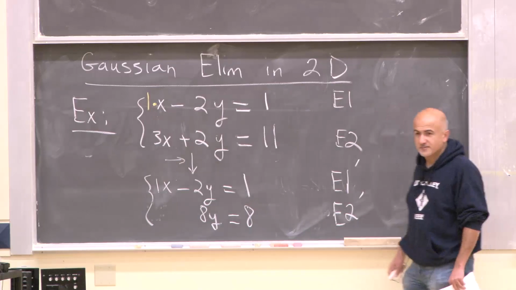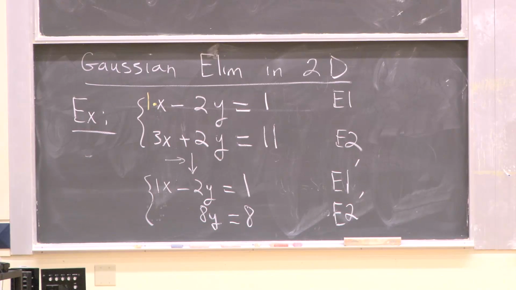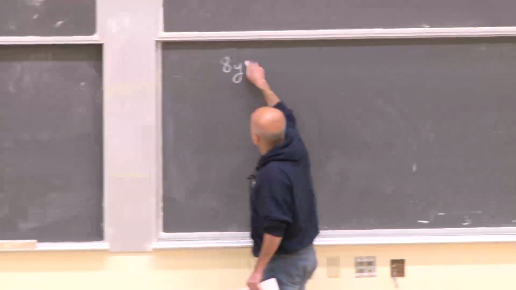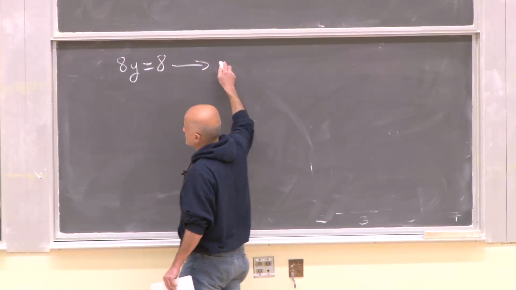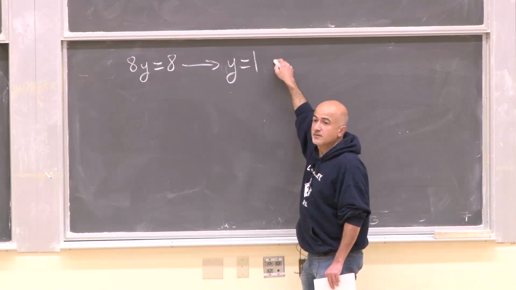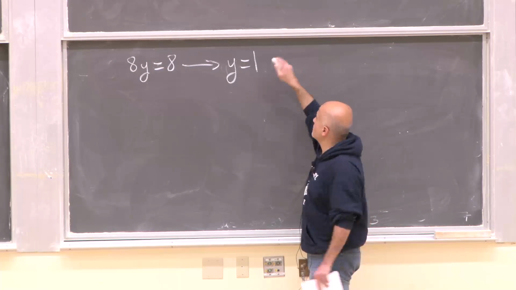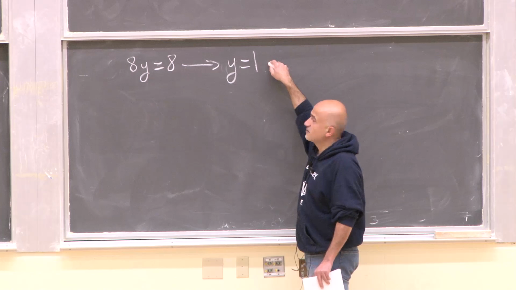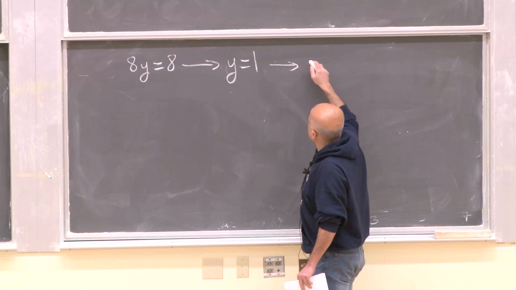Go for it, Neil. So you can find out what y is by dividing by 8 on both sides. So you solve for y. Y is 1. And you can plug in y. Speak loudly so everybody can hear you. You can use back substitution to plug y into the first equation to solve for x.